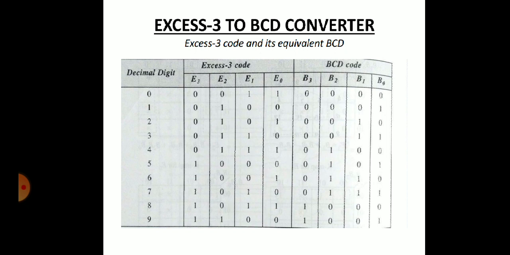First decimal digits are the representations of the BCD codes. Last row 1100. This is the XS3 code. Its equivalent decimal number is 12. 12 minus 3, that is 9. So the BCD code of 9 is 1001. Okay, this is the XS3 code and its equivalent BCD code.